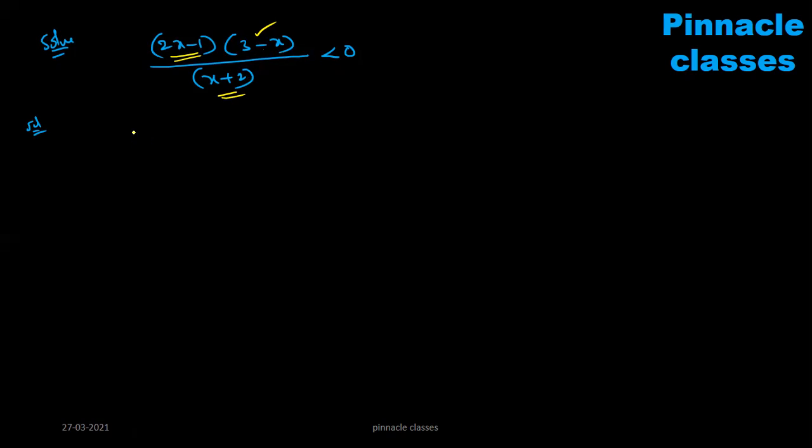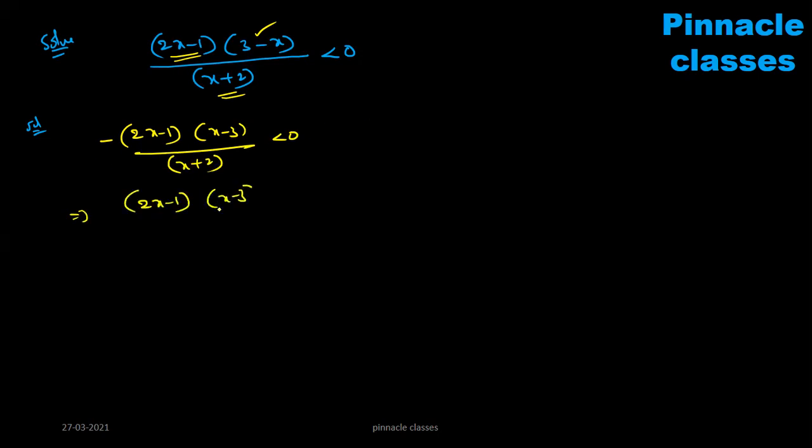Take minus as a common factor means 2x minus 1, x minus 3, minus. So multiply with minus on both sides. What is your answer? Greater than 0. Multiplying with minus means the inequality changes, obviously.